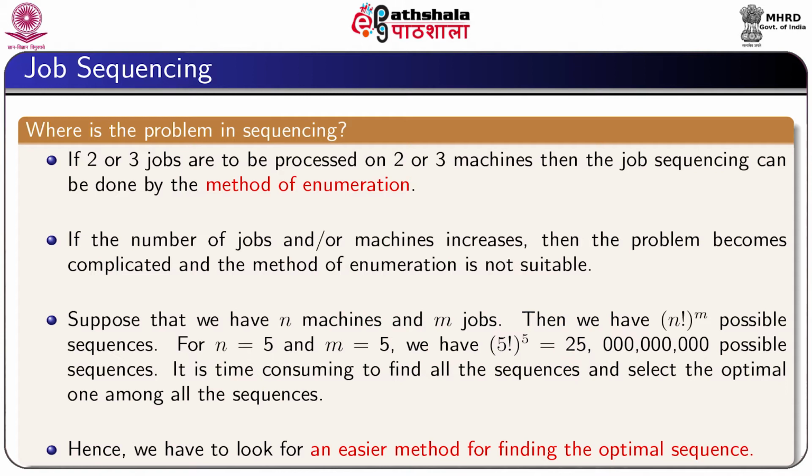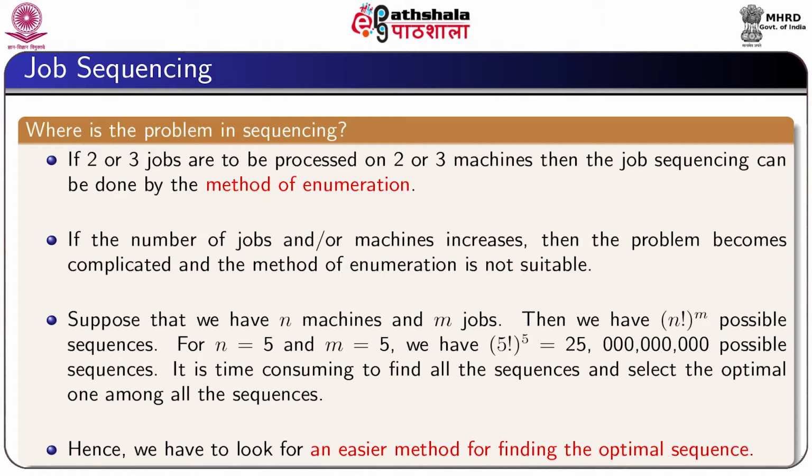The number of sequences here is very large. Therefore, it is time consuming to find all the sequences and select the optimal one among them. Hence, we have to go for an easier method for finding the optimal sequence.